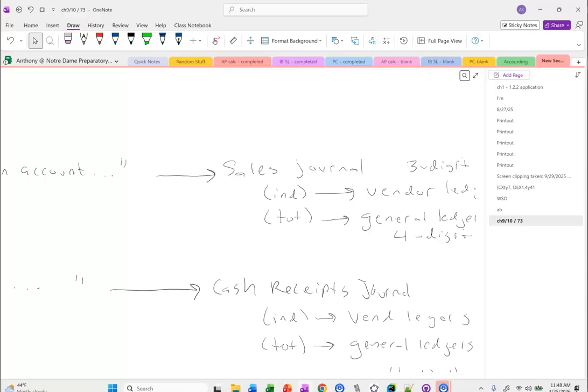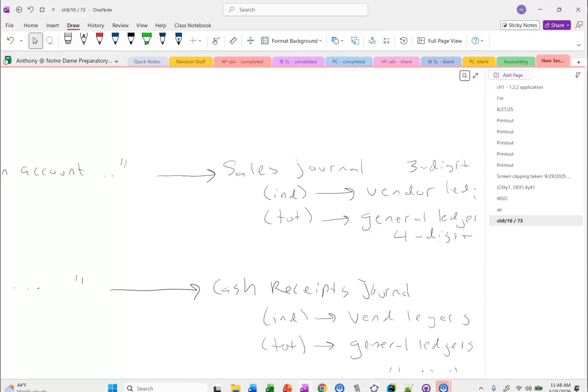And I will record that accounts receivable debit in the debit column, giving me a debit balance of that full amount, $1,480.